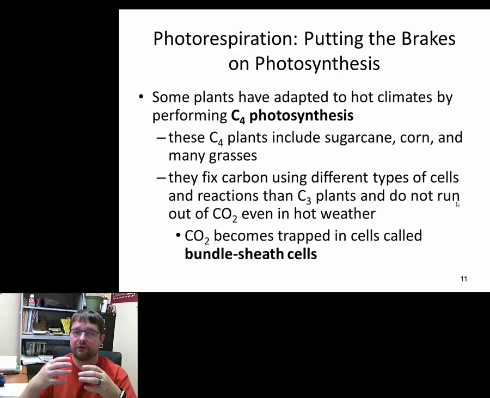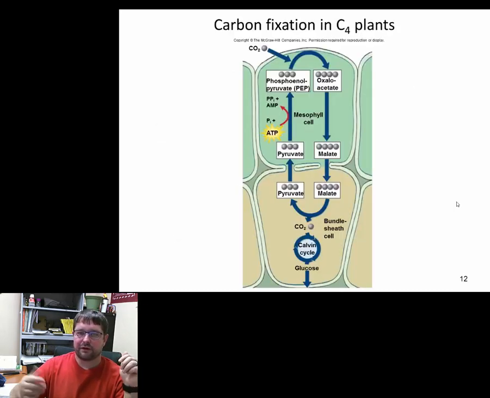They can trap the carbon dioxide in special cells that we call bundle sheath cells. And they fix carbon dioxide in the form of an acid, but then it can be reconverted into something that's useful, and we'll look at that here.